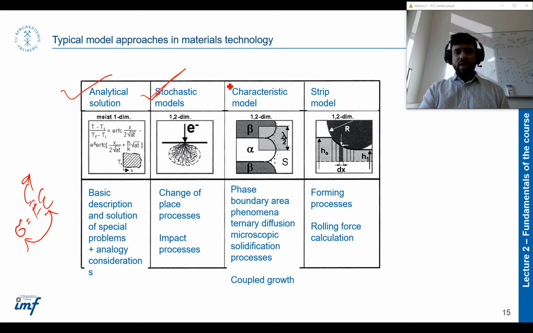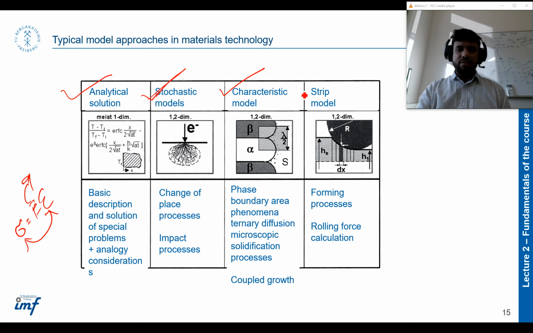And then we have characteristic models, which are dependent on phase boundary phenomena and microscopic solidification processes. Generally, they are about the interaction of different phases with each other on a very local scale.